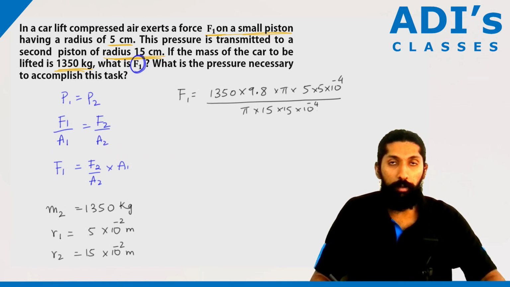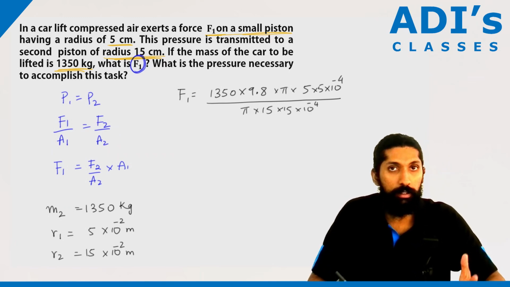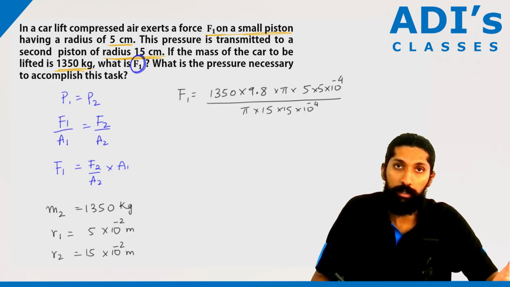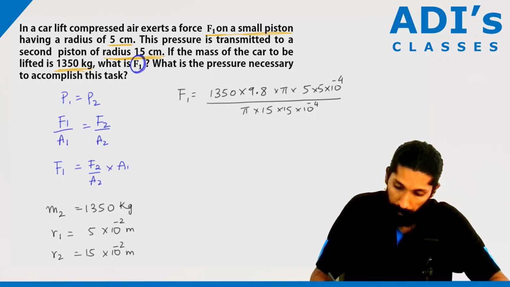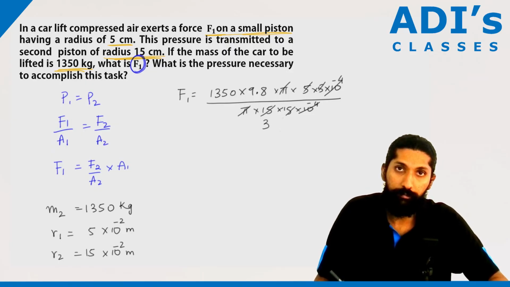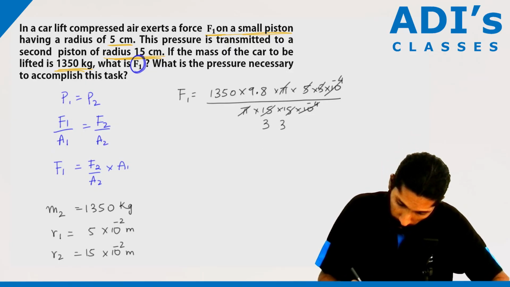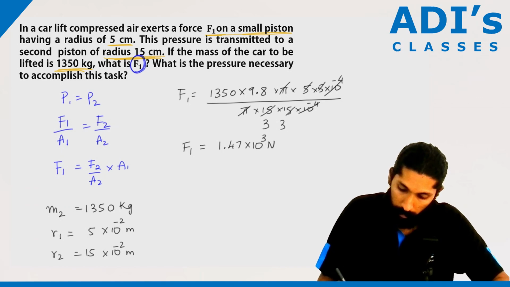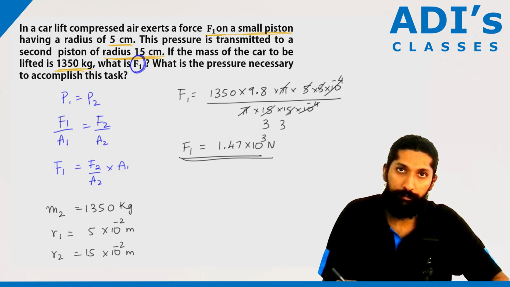Now here, because it's a standard way of solving, convert centimeter to meter. If you keep it as it is, it makes no difference because the centimeter gets cancelled anyway. 10 power minus 4 cancels, pi and pi cancel. So this is 3 times, this is 3 times. When you solve this, you're going to get F1 is equal to 1.47 into 10 to the power of 3 Newton. This is one of the answers what we want, F1 value.